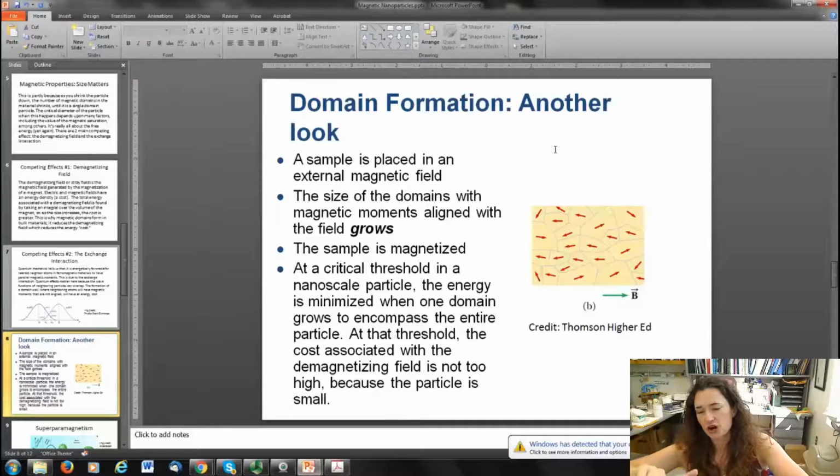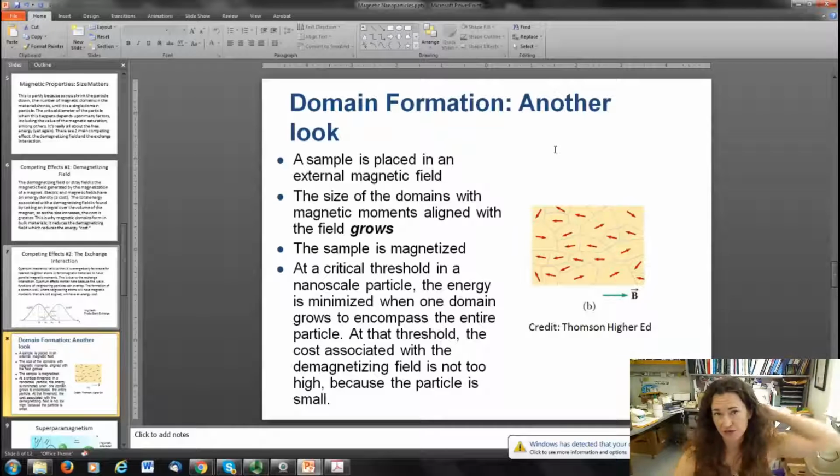It starts at the domain wall, rotates to align, and propagates outward as it happens. Okay, so that's how a sample can become a permanent magnet, because if you take away the external magnetic field, we have a coercivity for that, and it's going to remain kind of aligned with the field even in the absence of that external field.